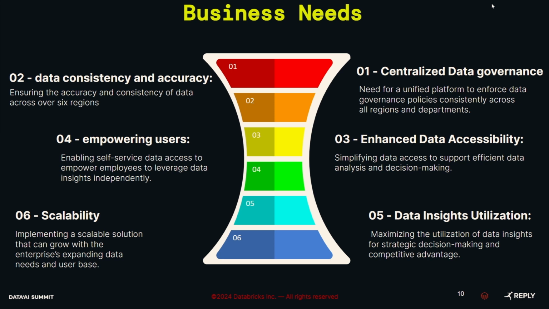The first one is reduced cost, because by centralizing the data governance and having one point for the whole data governance policies, CNH can reduce the cost of maintaining and managing the whole data infrastructure. And the last one, increased innovation, because by making the platform more accessible to the user, it can enable the user to develop new products, but also new services for the company.